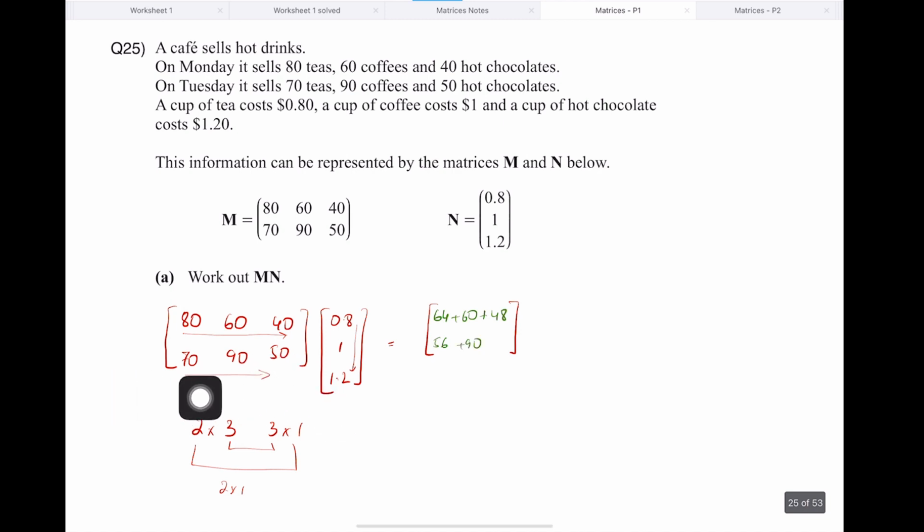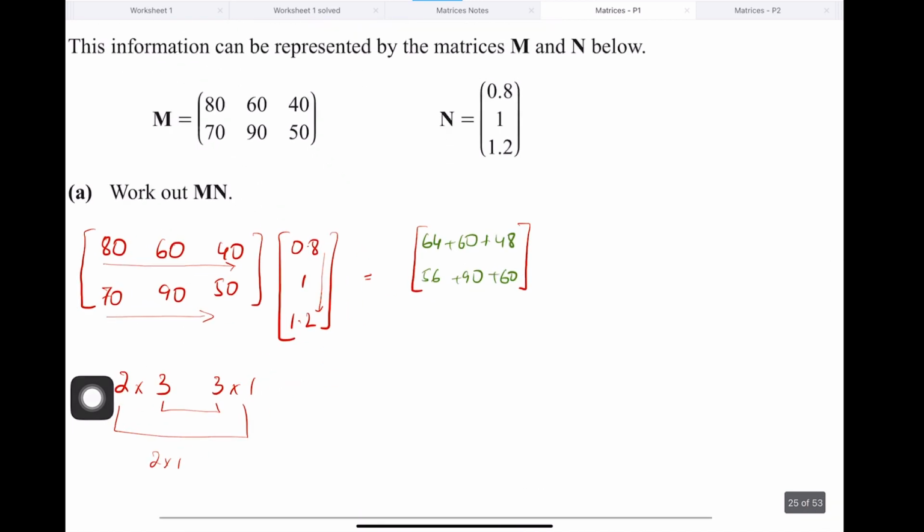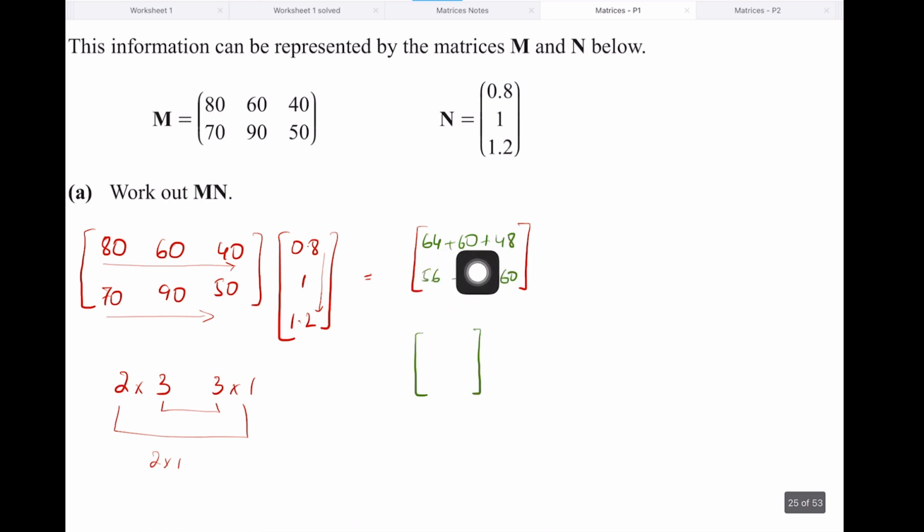And 50 into 1.2 will be 60. Now let's simplify this and see what we get. 64 plus 60 is going to be 124. 124 plus 40 is going to be 164. 164 plus 8 is going to be 176.